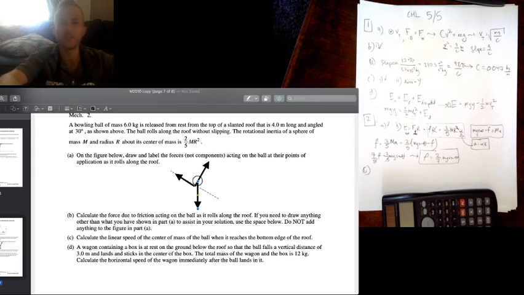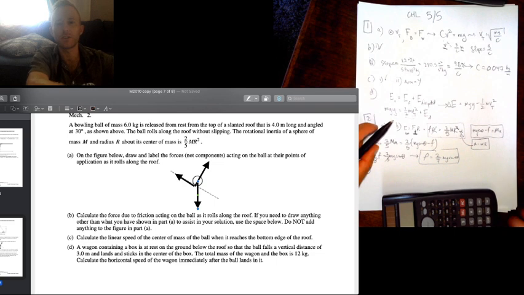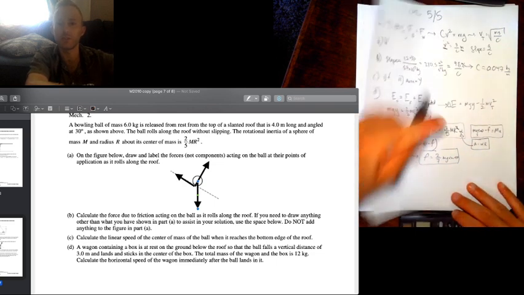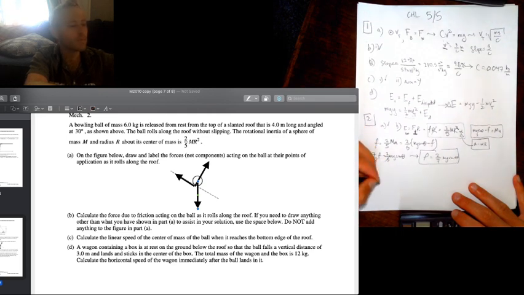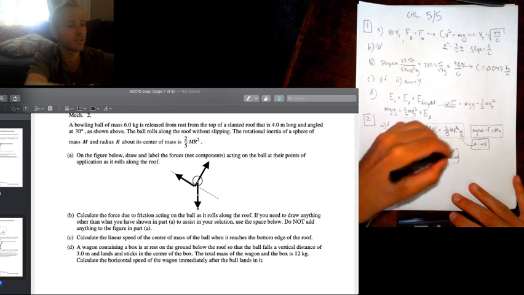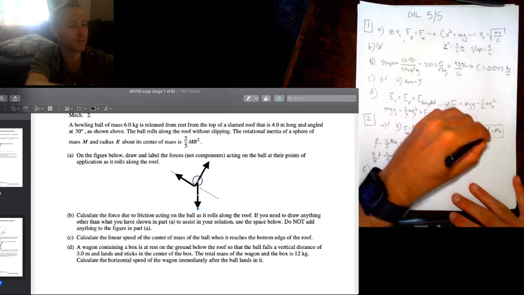All right, part C says calculate the linear speed of the center of mass of the ball when it reaches the bottom edge of the roof. All right. So I'm going to go ahead and plug this into that equation right there.